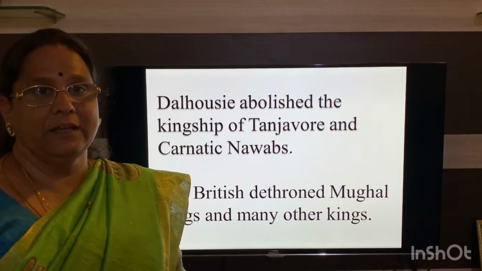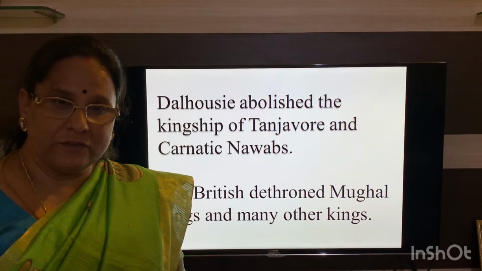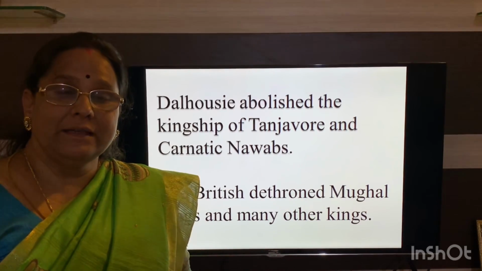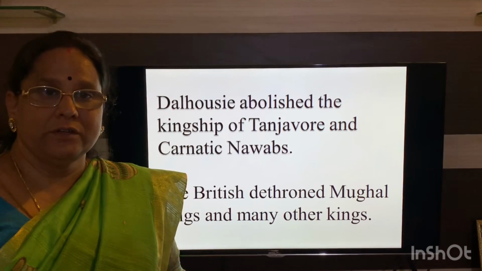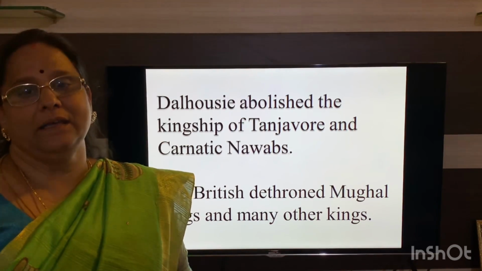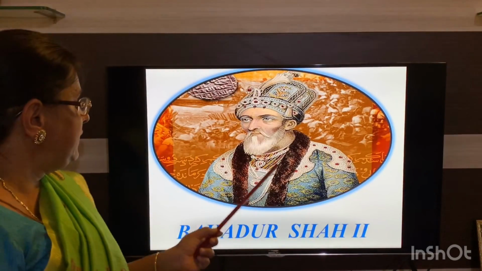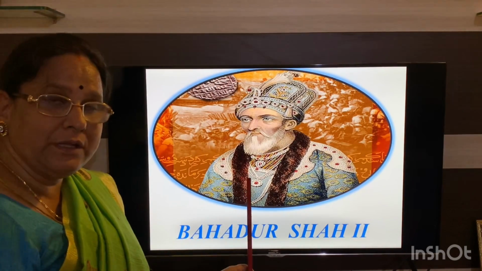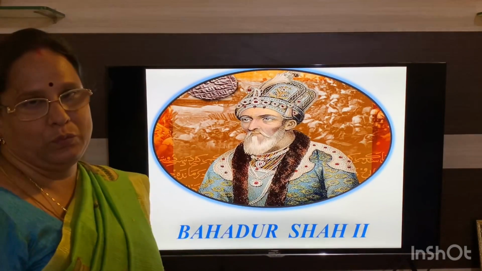So in this slide you learned 2 points. The last point: the Mughal emperor during the time of 1857 was Bahadur Shah II.